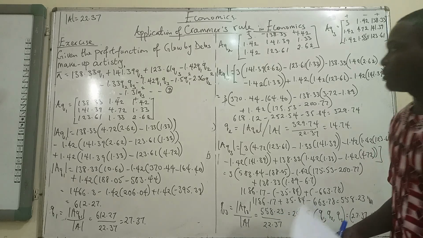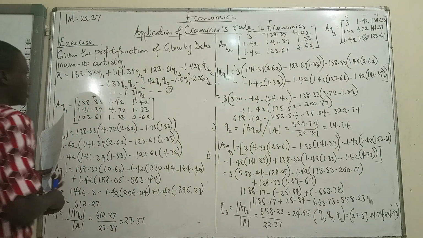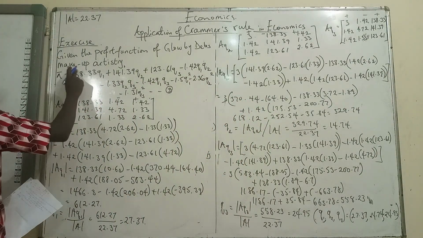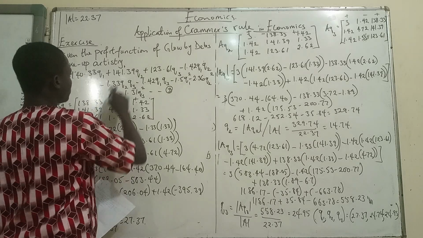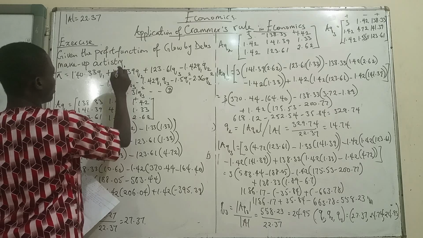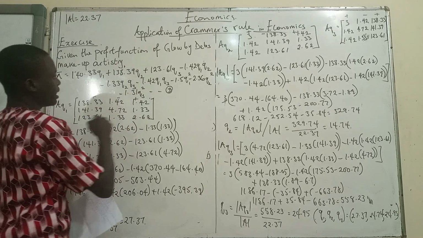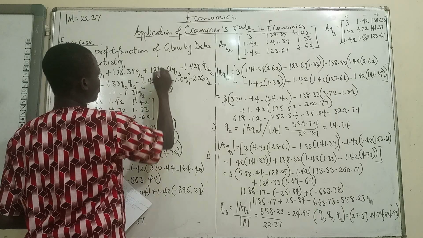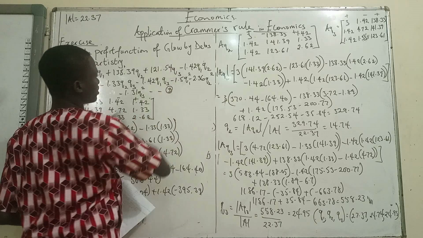Now, what's going to be your assignment? I'm just going to alter this profit function a little bit, and then that will be your assignment. So this becomes 140. This becomes 138, and this becomes 121.54.